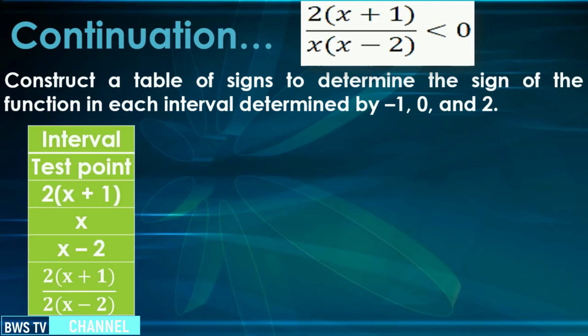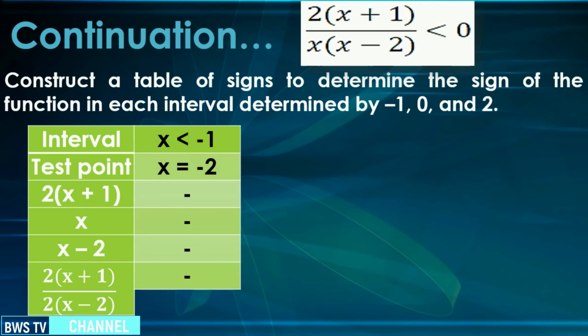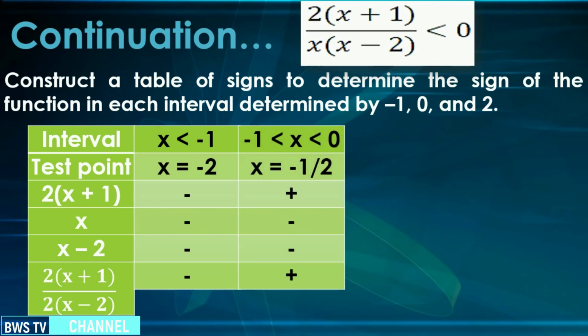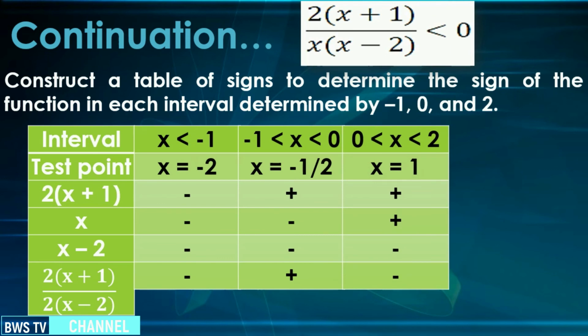So we have the interval, test point, the numerator, the x, the denominator, and the rational expression. What if we have less than negative 1, say negative 2? It's all negative. What if we have in between negative 1 and 0, let's say negative 1 half? We have positive. For in between 0 and 2, we have negative.